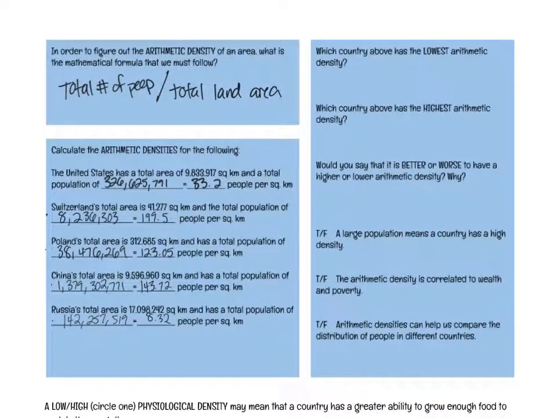Okay, if we look over at our questions on the right hand side, which country has the lowest arithmetic density? Russia, right? And which one had the highest? Switzerland. Is it better or worse to have a higher or lower arithmetic density? Yeah, better to have lower.